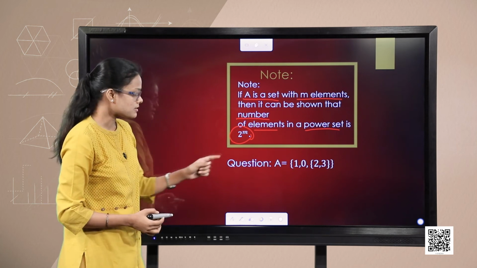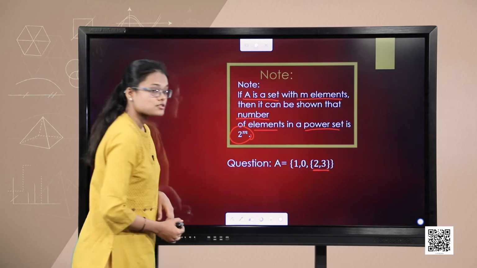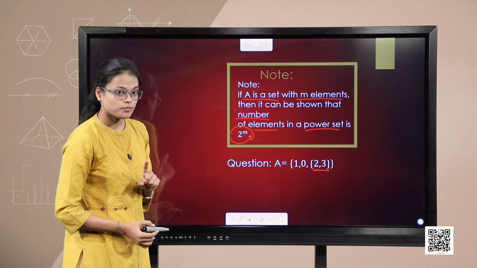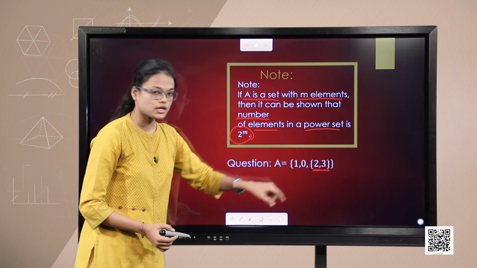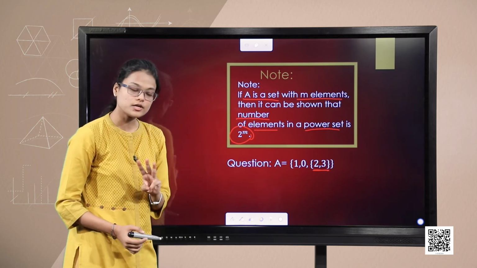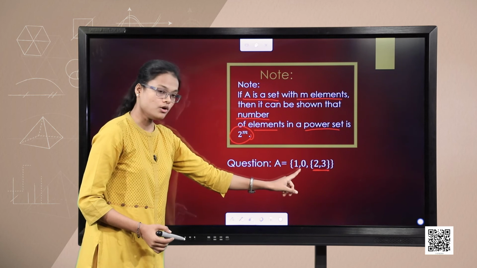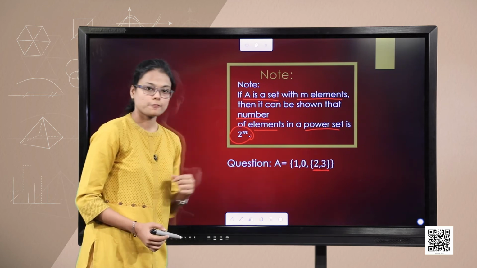So, let us take this question. A is a set consisting of how many elements? 3 elements. Students, notice this set is representing a single element. Do not consider it as 1, 0, 2 and 3, that would be 4 elements. No, it is consisting of 3 elements: 1, 0, an element in set form which is 2 and 3.